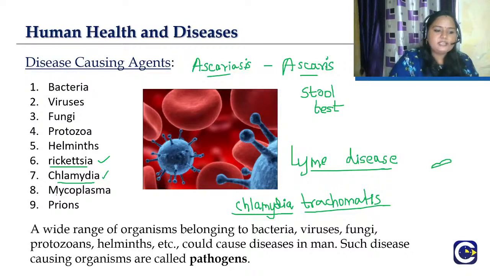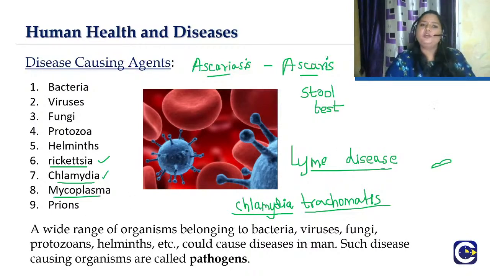Okay. So the next class is Mycoplasma. Mycoplasma is yet another group of bacteria. But what is so special about Mycoplasma is that they don't have any cell wall. Okay, what we have understood right from the beginning of the class is that if there is any bacterial infection, antibiotic treatment itself is enough because bacteria can be killed by an antibiotic drug because it can disrupt the cell wall synthesis process.